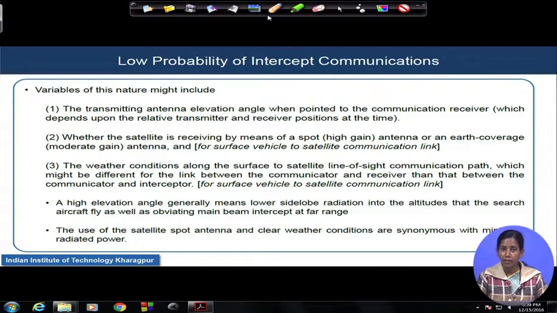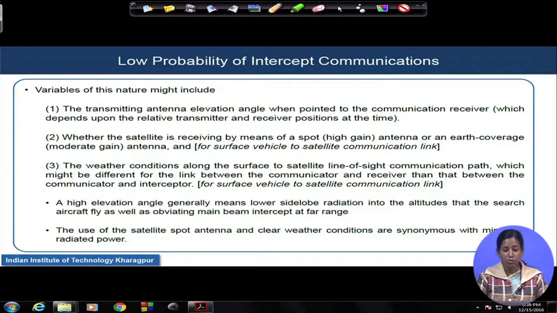Also the weather condition between the communicator and the satellite, which may vary for the link from communicator to satellite and satellite to receiver. So there are some issues involved which will also control whether you can design an LPI system at all, and if you can, to what extent you can design it.